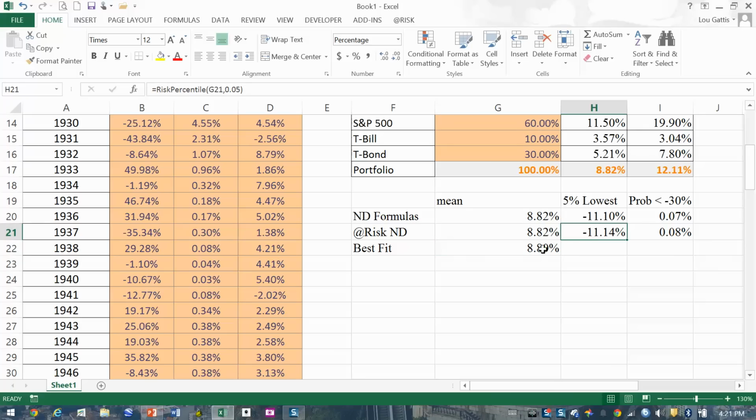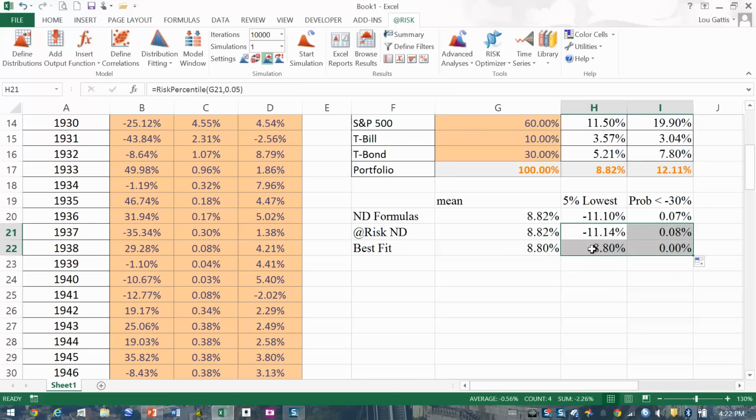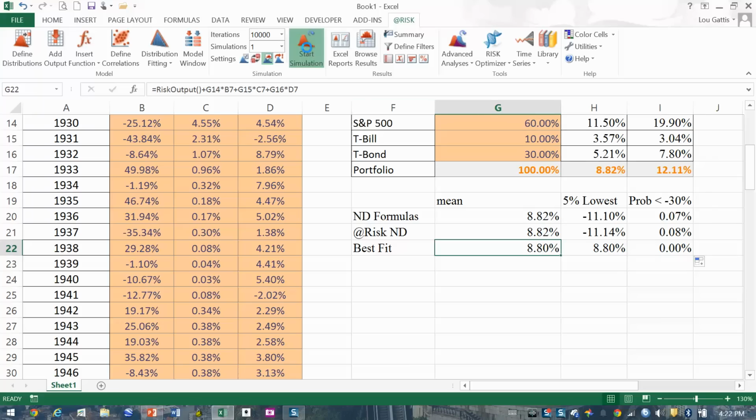I'm going to make that an output. Add output. And I want to copy these formulas down to calculate the 5% lowest and the probability of losing 30%. And then when I run @Risk, it'll calculate those statistics for me, and I can compare those to the normal curve.